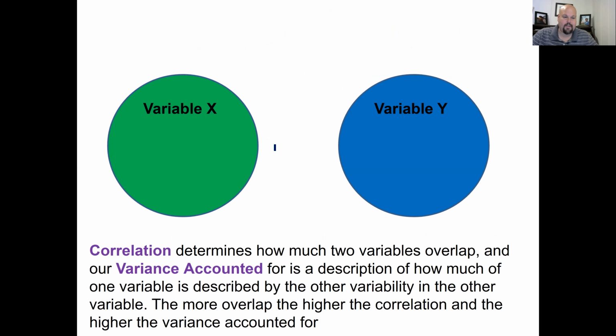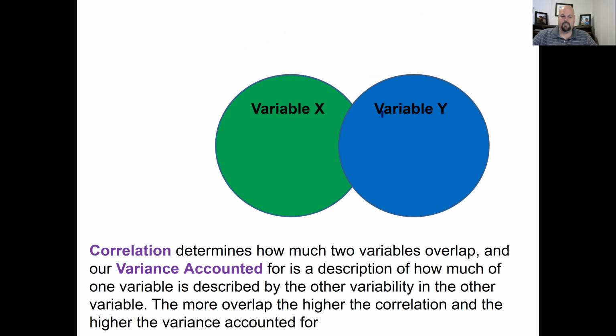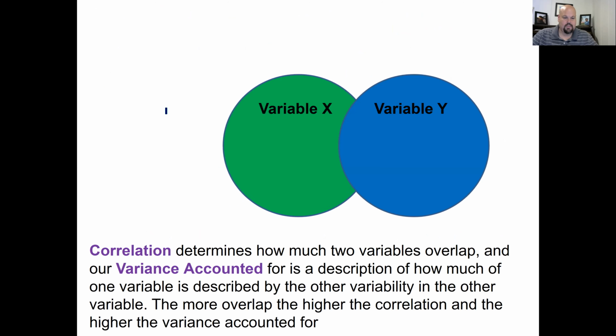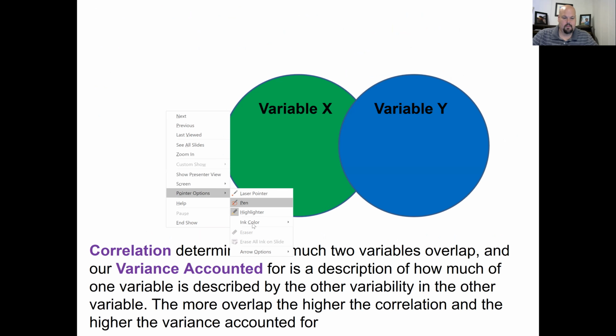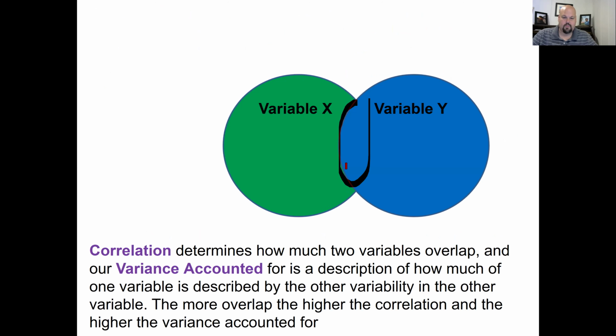Look at it this way. You have an X variable, you have a Y variable. The more overlap there is between these two variables, let me change my pointers. Let's do it in red. Right now there's this overlap here, which is overlapping between those two things.